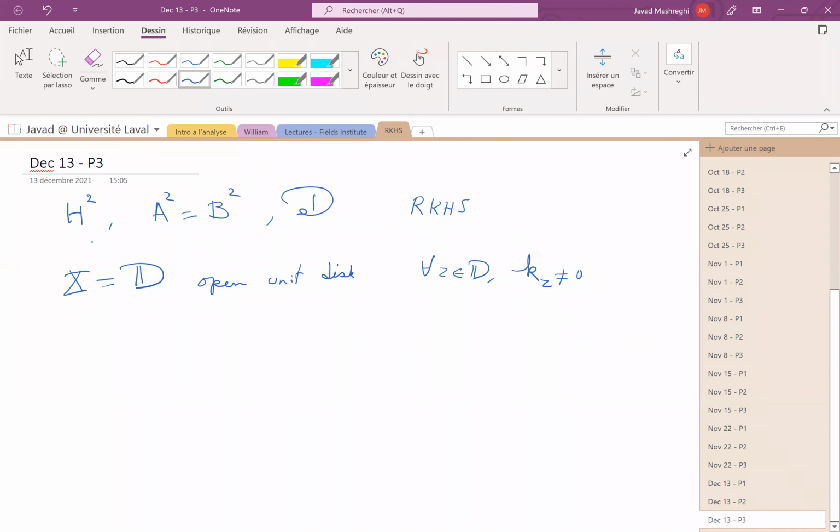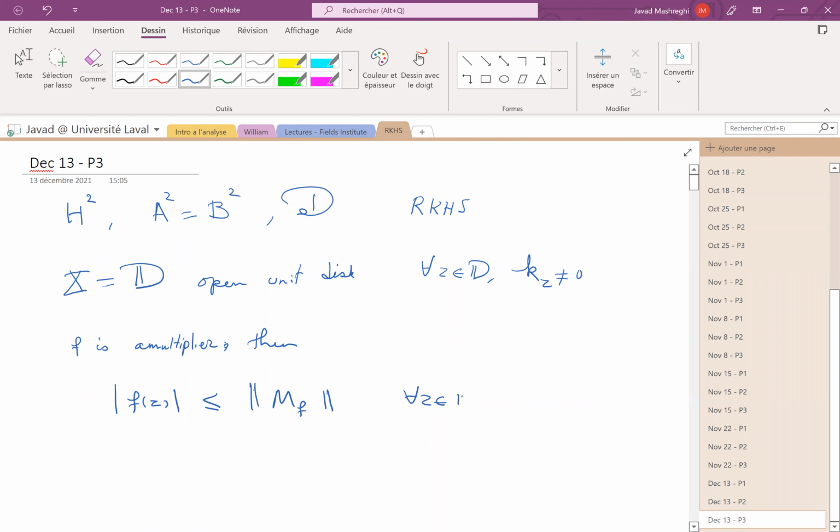So we immediately deduce that if F is a multiplier, doesn't matter for which space, then the absolute value of F at point z is majorized by the norm of the multiplier for any z in D.